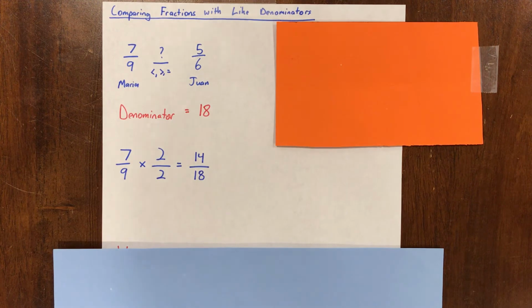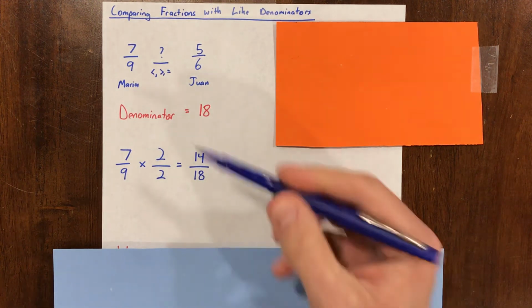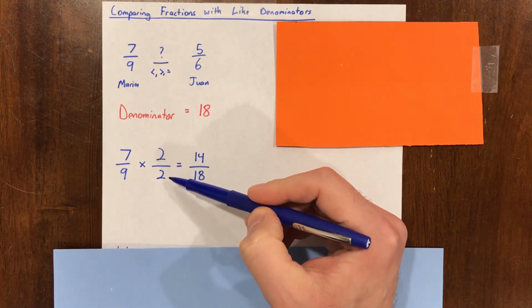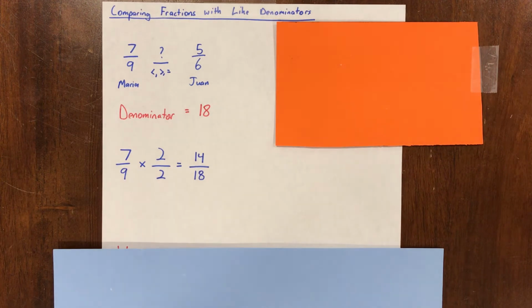When we're renaming fractions as an equivalent fraction, why is it important to multiply both the numerator and denominator by the same number? Say it out loud.